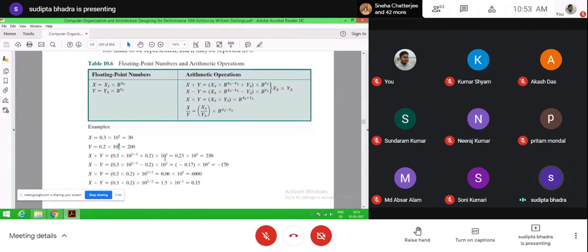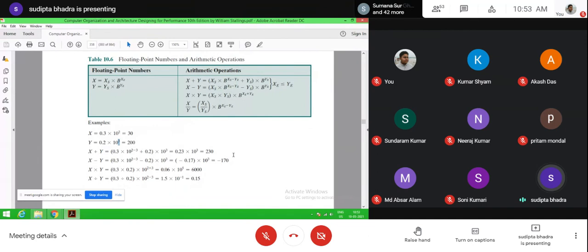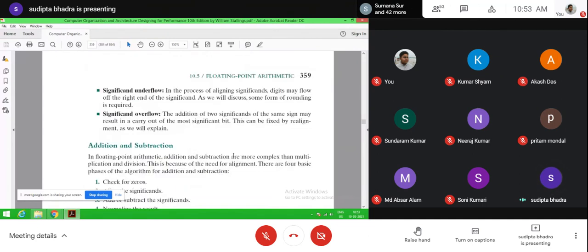So y's exponent will be the ultimate exponent of the result. Now when we follow the algorithm, it will not be as simple as this. There is a set of steps. Now here you see significant underflow and significant overflow.